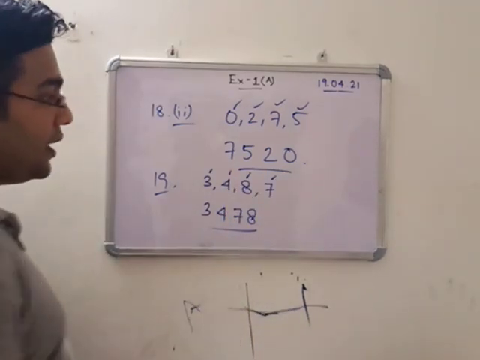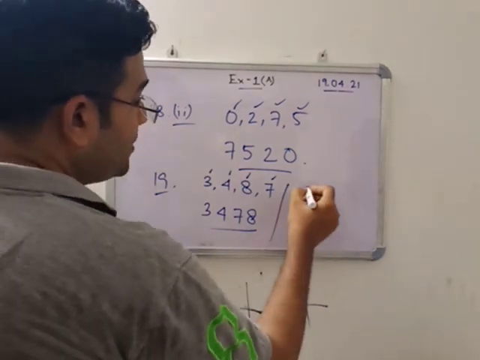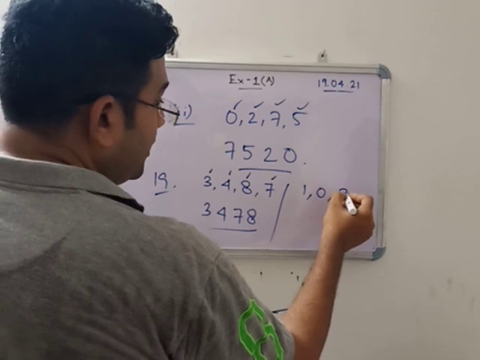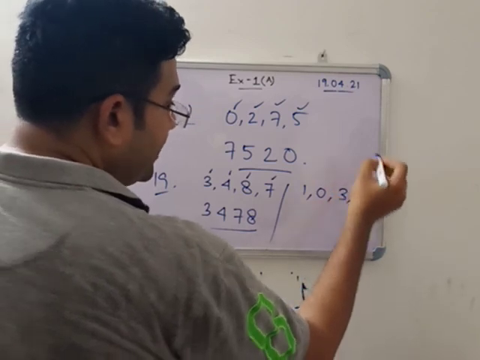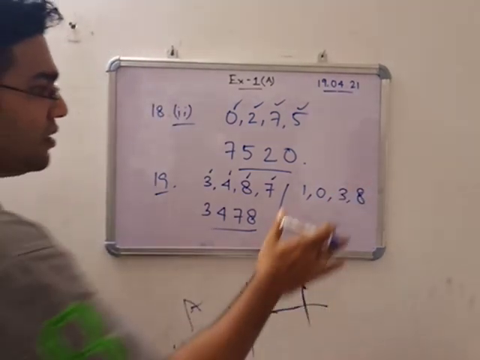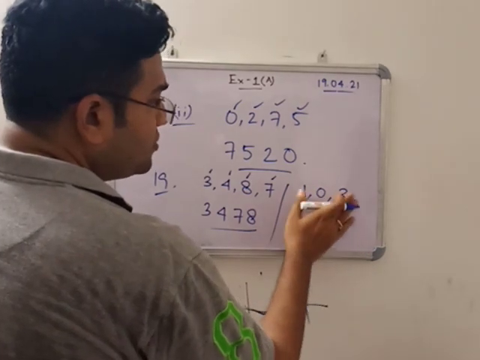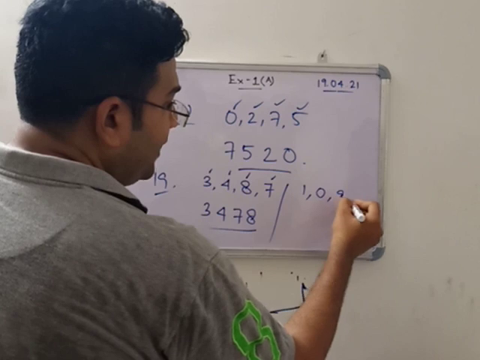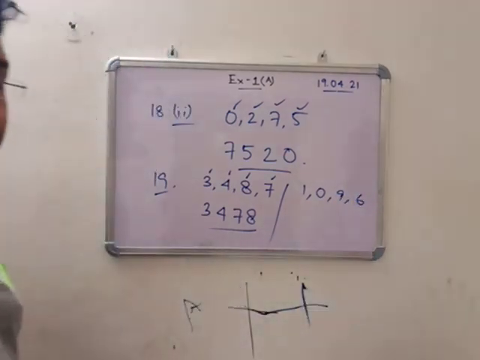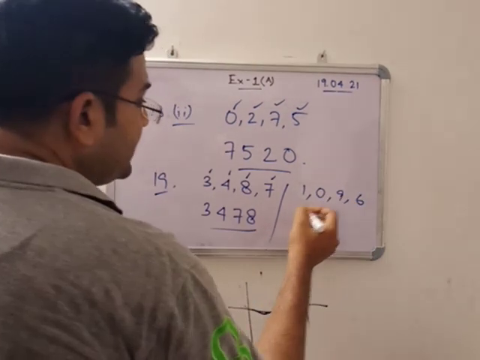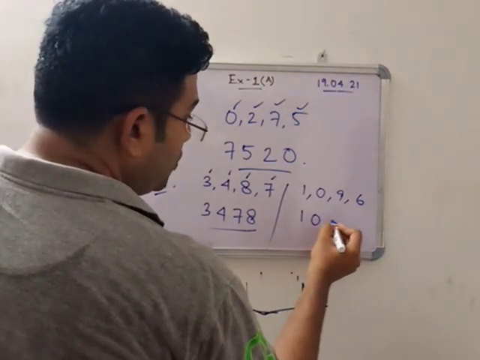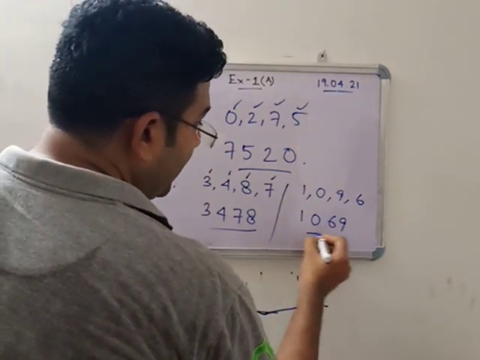For another one, we can write, suppose we are choosing 1, 0, 9, 6. So see that the smallest number is 1, 0, 6, 9.